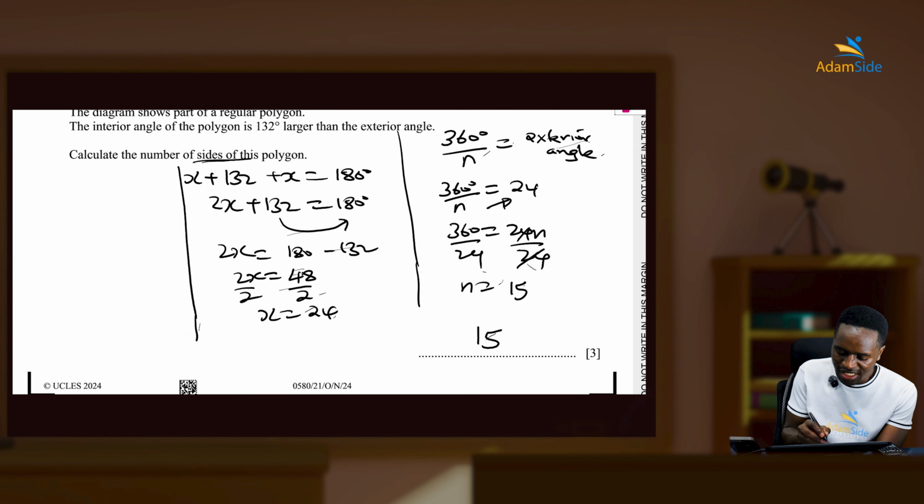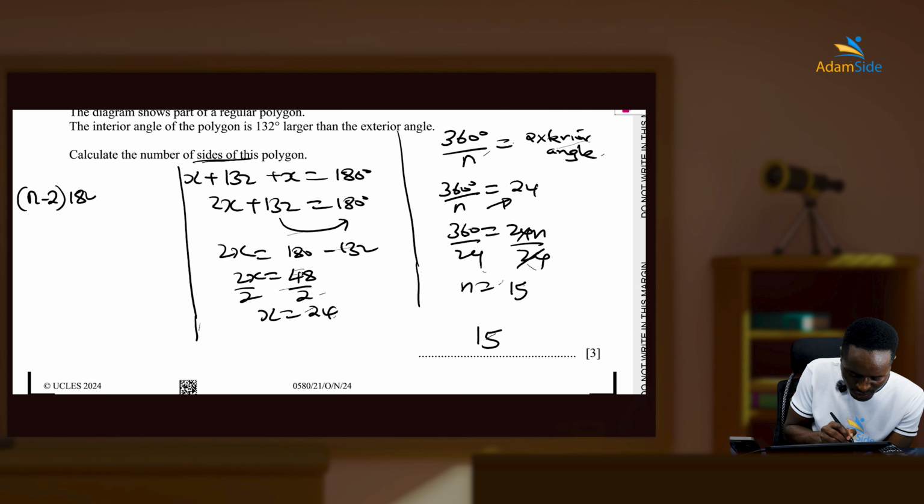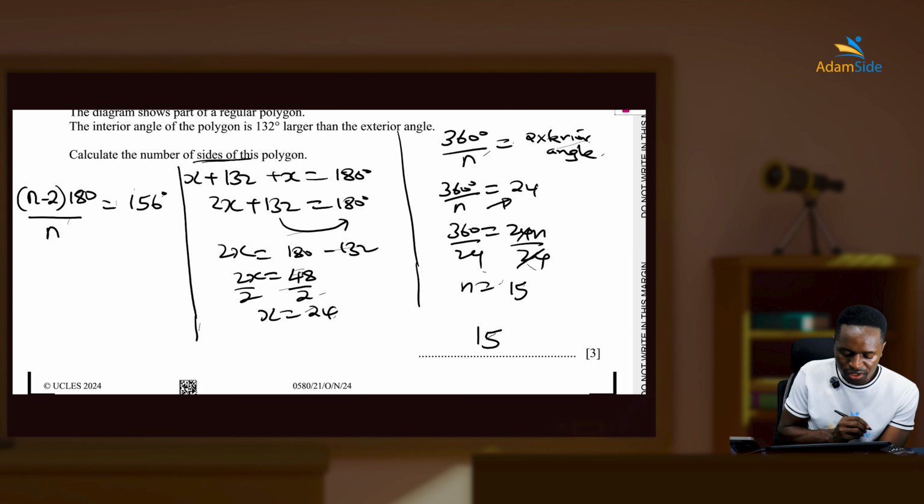What if I was supposed to use the interior angle? How do I get the number of sides? We know the sum of all the angles in a polygon is n minus 2 times 180. Divided by the number of sides, that should be equal to one interior angle.